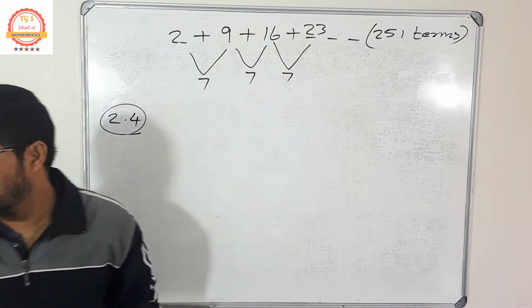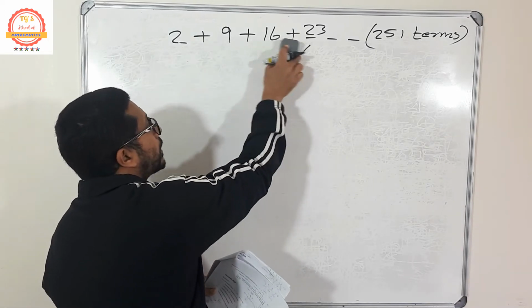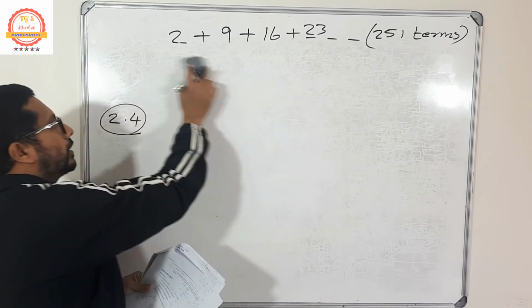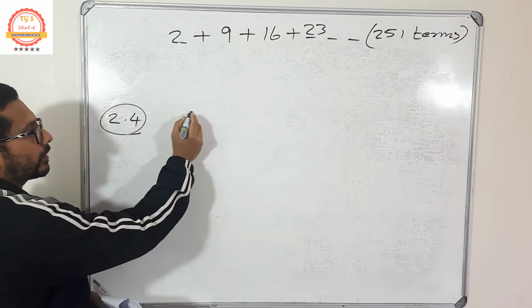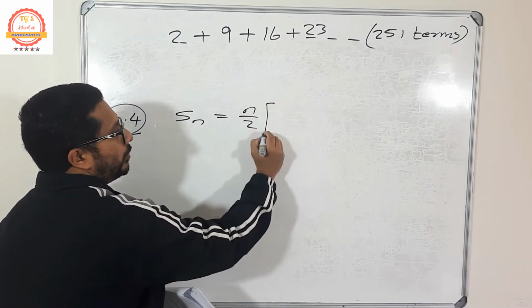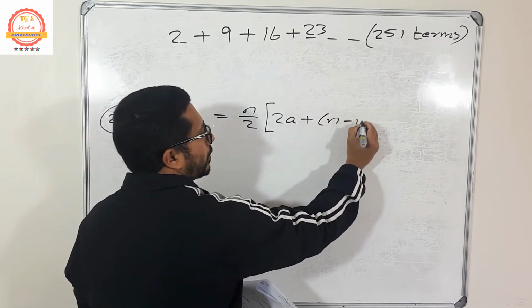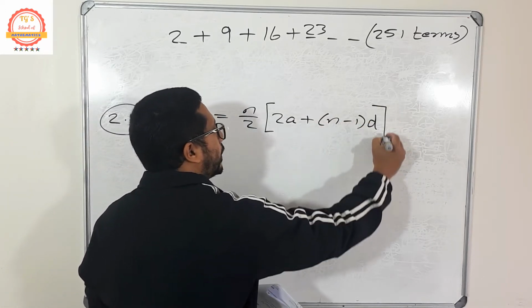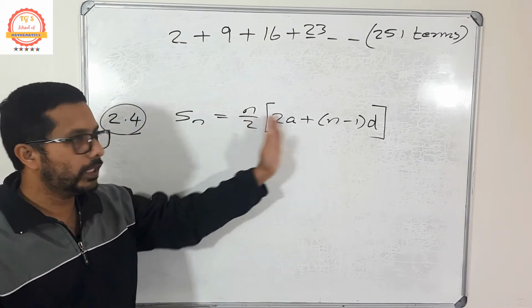How can you find the sum of that series? What type of sequence is this? This is an arithmetic sequence. In an arithmetic sequence, what is the formula to find the sum? Sn is equal to n over 2 into 2a plus n minus 1 into d. This is the formula to find the sum of an arithmetic sequence.